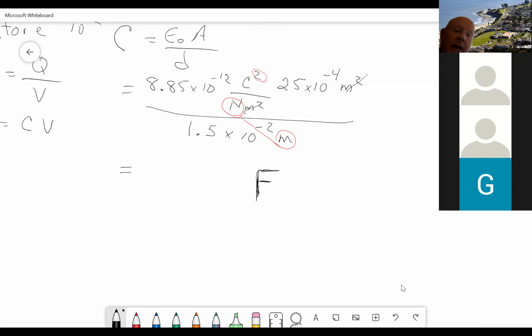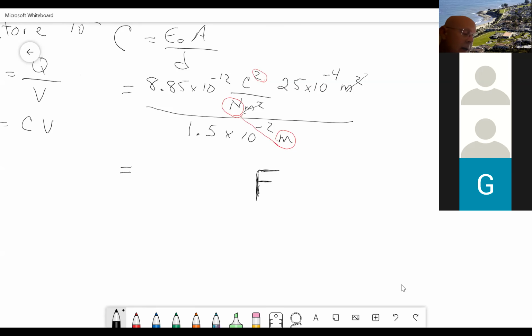But now if I grab my calculator here, in the numerator, 8.85 times 10 to the negative 12, and then the area, 25 times 10 to the negative 4, and then divide by 1.5 times 10 to the negative 2.